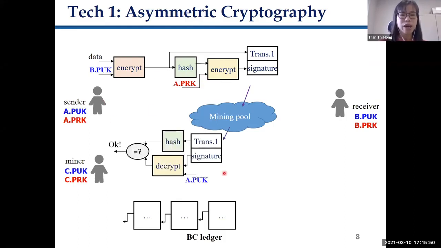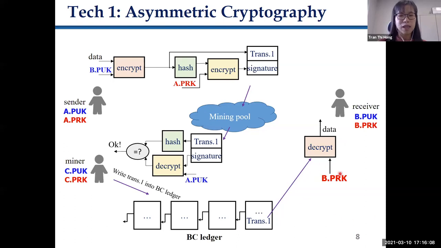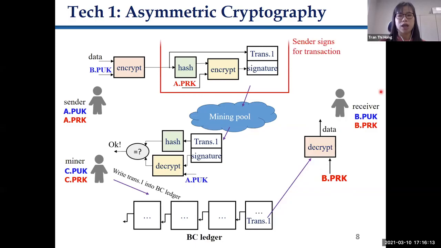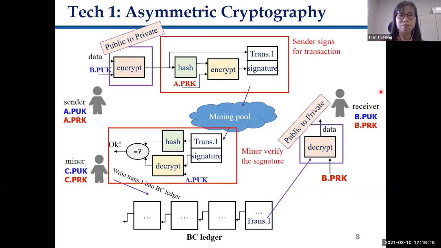The miner gets this transaction data and uses the public key of A to check the signature of A. If it passes, he writes this data into the blockchain ledger. The receiver goes to the blockchain network to get the data and uses his own private key to decrypt it and see the data. This case we call public to private, and this is the private to public case.